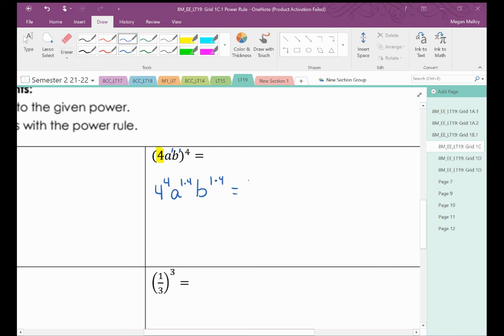So when we simplify that out, we have 4 raised to the 4th power times a to the 4th, and b to the 4th. Again, if we wanted to simplify the coefficient, 4 to the 4th power is 256 times a to the 4th, b to the 4th.